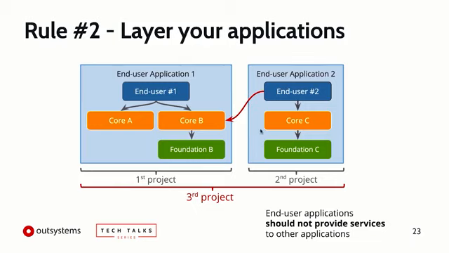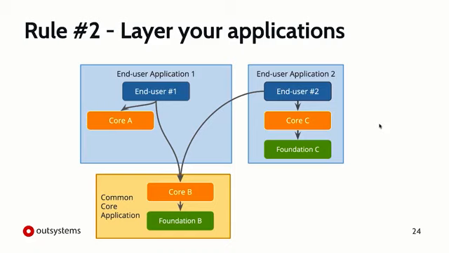As you know, this is undesirable because now I cannot deploy end-user application 1 without having to bring end-user application 2. So an end-user application should not provide services to other applications, as stated before. We should isolate a common core application with the common core and foundation services that will now support both applications.